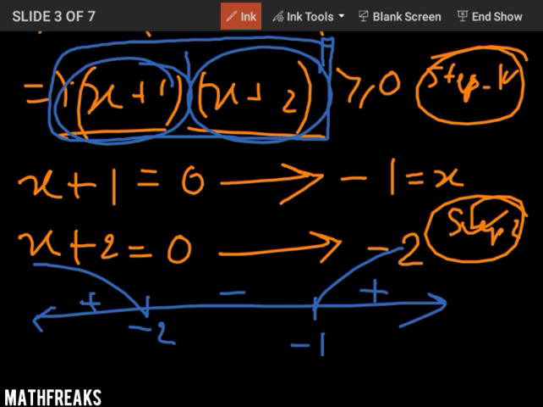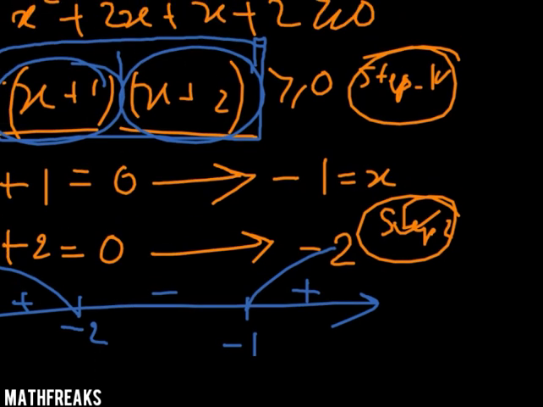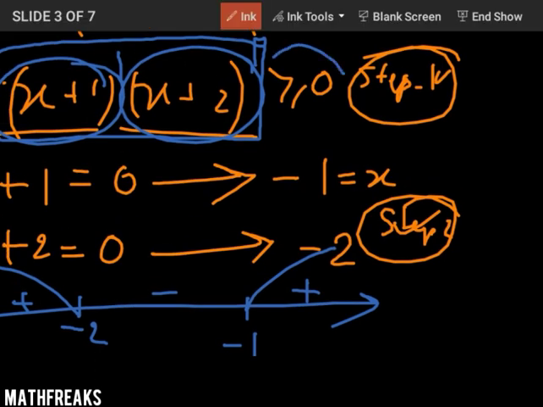Now which notation will you use? Remember, this is not just greater than 0, but this can also be equal to 0, right? If you get something like greater than or equal to 0, then you have to include the critical points.